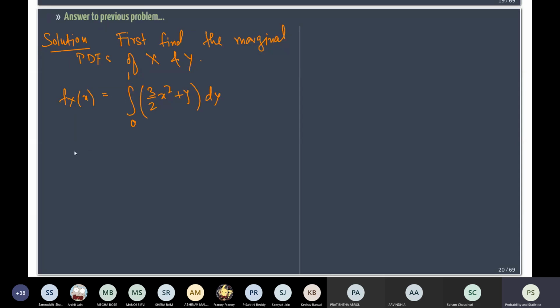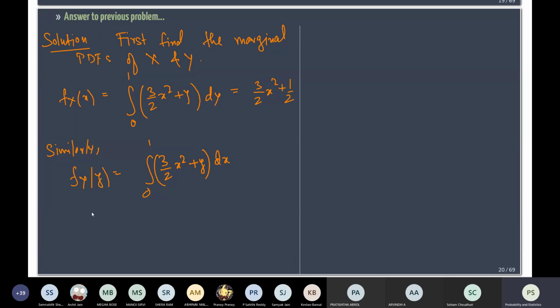The result of the integration is 3/2 x squared plus half. Similarly, the marginal with respect to y, f_Y(y), is the integral from 0 to 1 of 3/2 x squared plus y with respect to x.